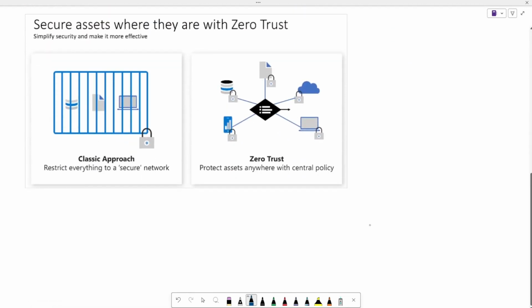There are two diagrams here. One is the classic approach and one is the zero trust model approach. In the classic approach, there is a secured network and all the resources are behind the secured network. Since all these resources are behind the secured network, we should not assume that these resources are secured. What if there is an open port? So there is an open port behind this secured network and somebody comes with a laptop.